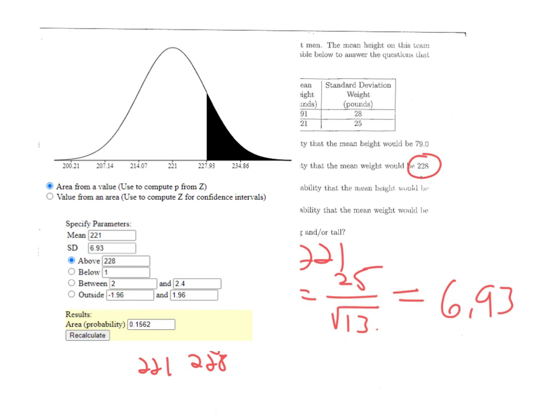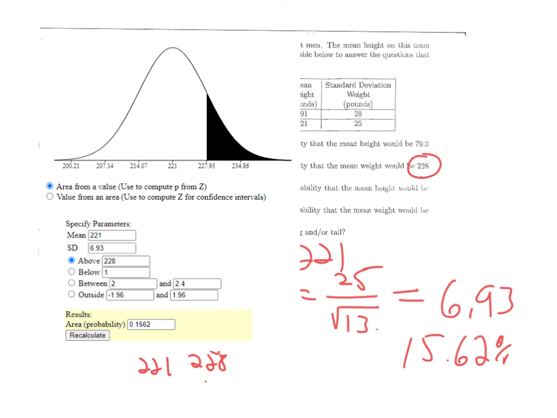In this situation, I got 221 as the average. There's the standard deviation, and above 228, so about 15.6% of such samples of NBA players will weigh more than 228. If we compare that to all men, 0% of samples of men would weigh that much.